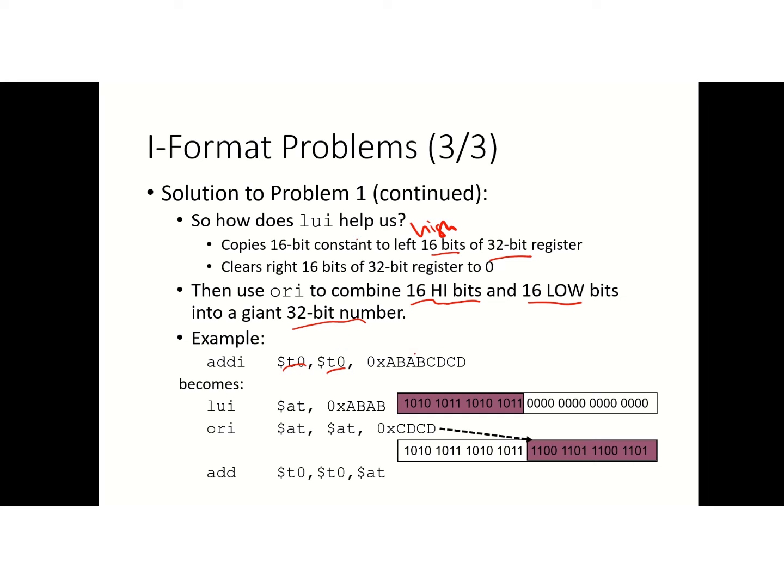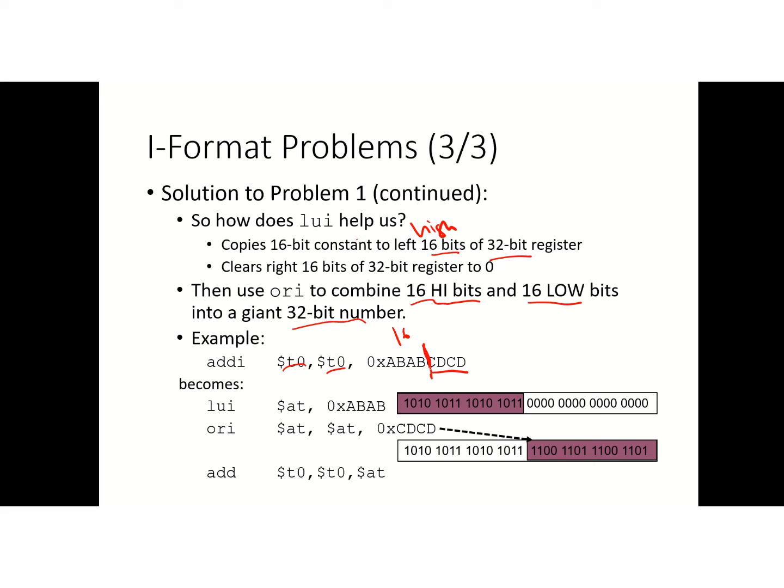So we know that immediate can only access 16 bits, right? So when they execute, only the CDCD can be written in the register. For this command, we need to put load upper immediate, LUI $at, 0xABAB.